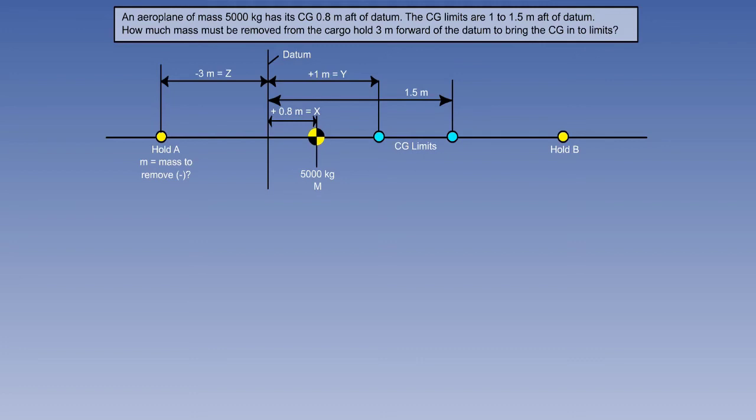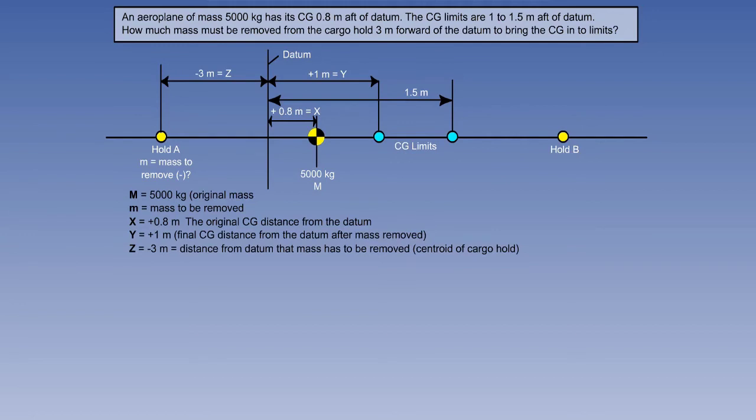The sketch contains all of the data in question, including the unknown mass to be removed, little m. Start by giving the values from the question to the letters used in the formula, big M, x, y, z, with the unknown being little m.